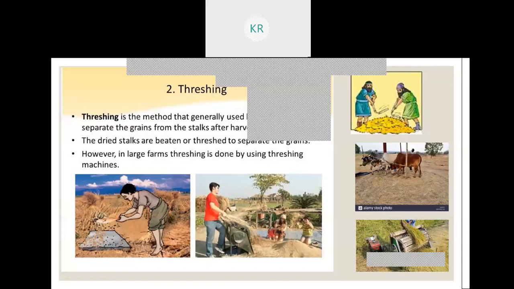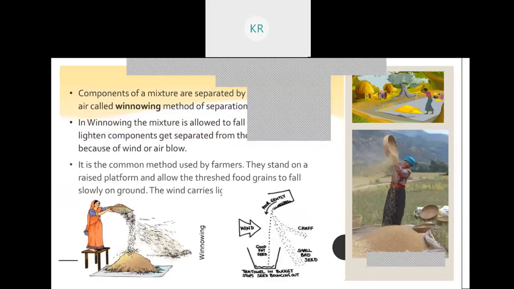Now move to the next. Here you can see the pictures. This process is known as winnowing. Winnowing is the process used for separating grain from the husk. Farmers drop the mixture of grain and husk from a height, as you can see in the picture, and the husk is carried by the wind and forms a heap at a small distance away.